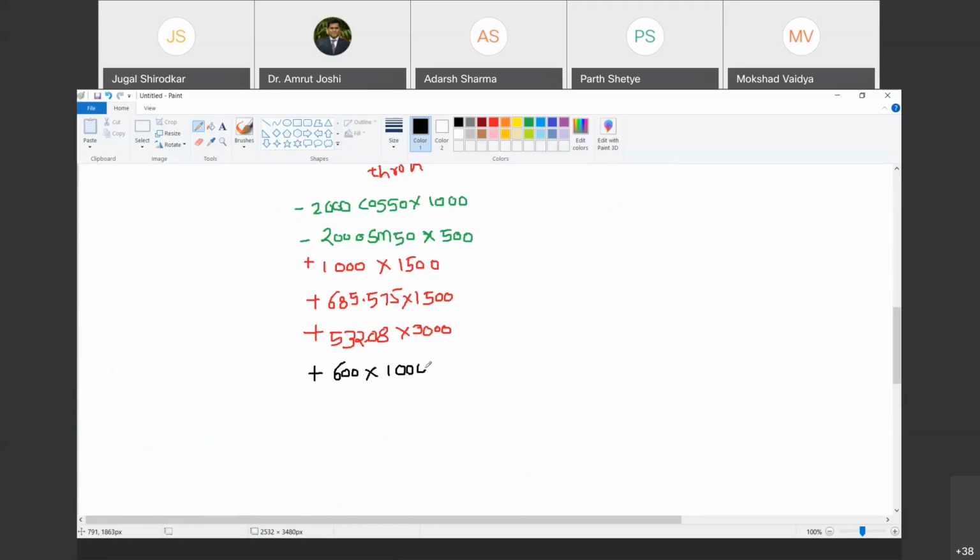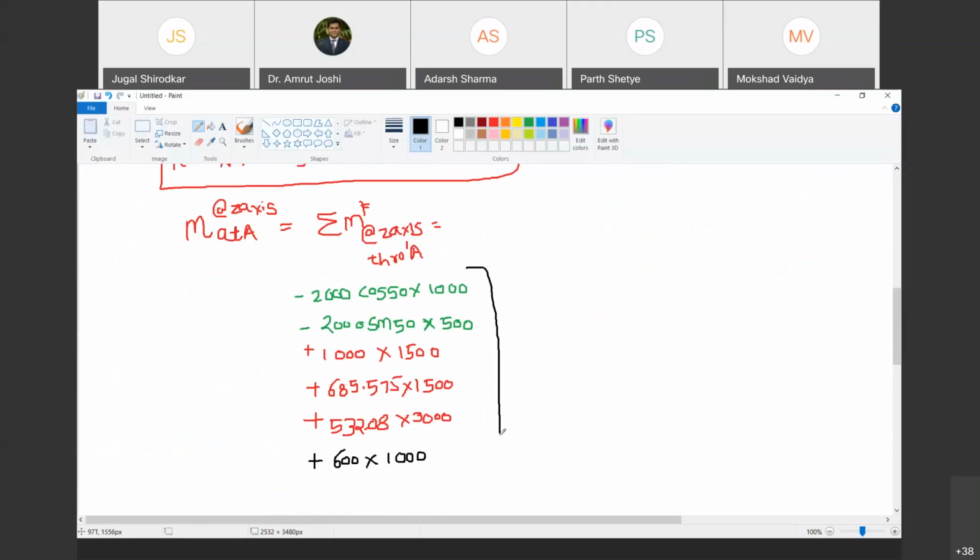So now do this calculation. At least two of you should give me independent answers so that we will cross verify. How much is this? So this is equal to. Do this and tell me.